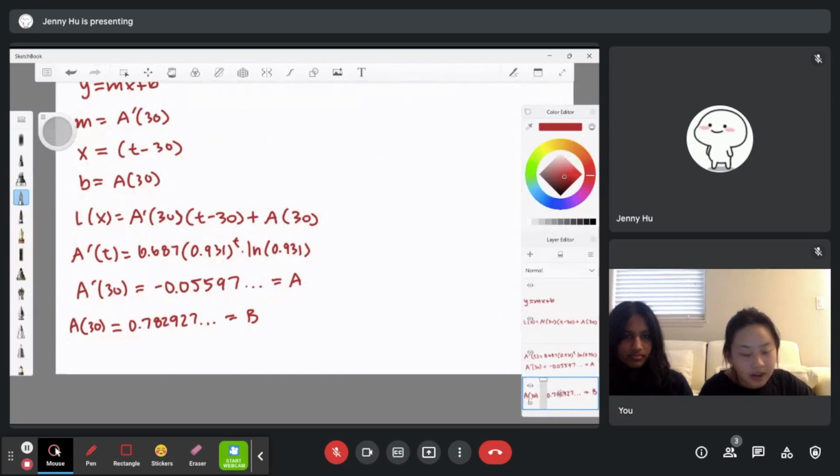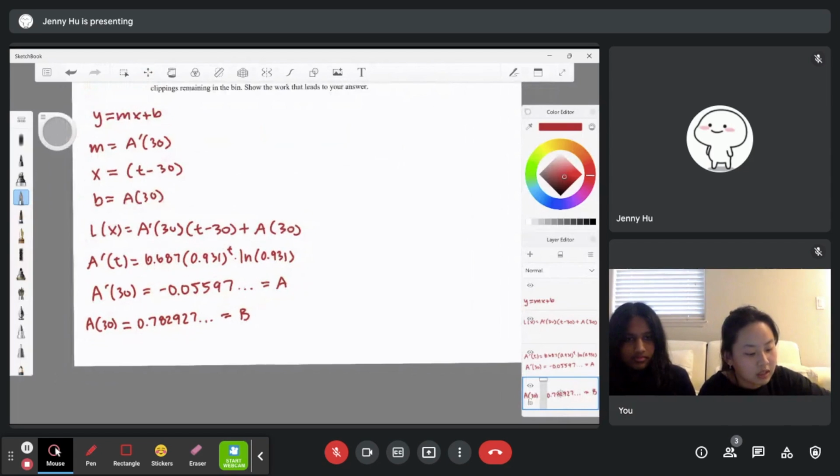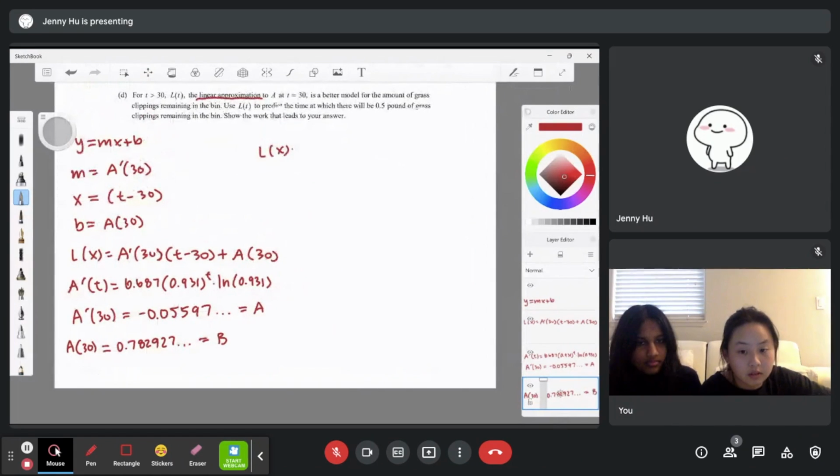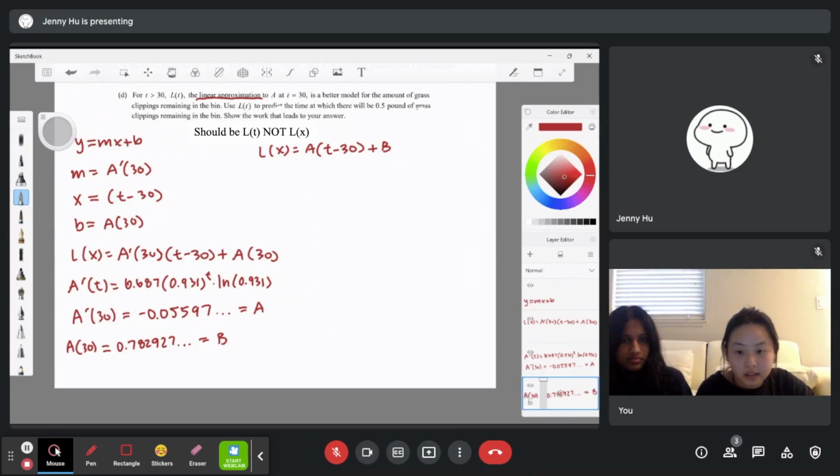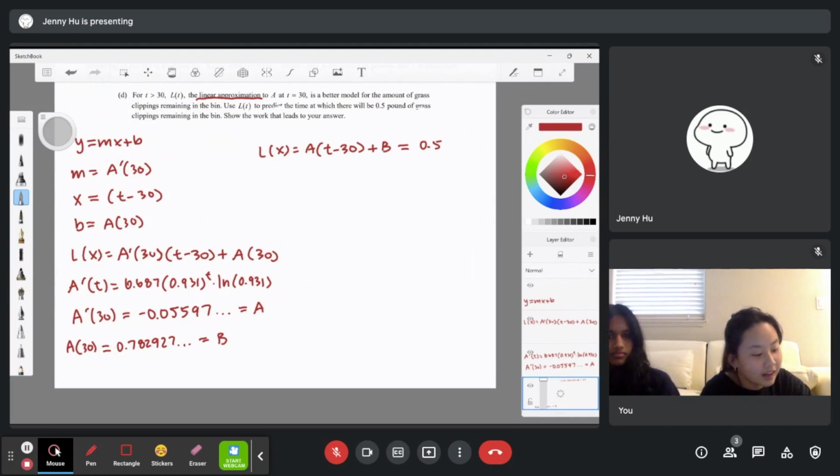So from that, we now have our complete equation, which is L of x is equal to a times t minus 30 plus b. And now we could just set L of x equal to 0.5. So now we could just solve for this algebraically. You subtract b from both sides, so a times t minus 30 is equal to 0.5 minus b.